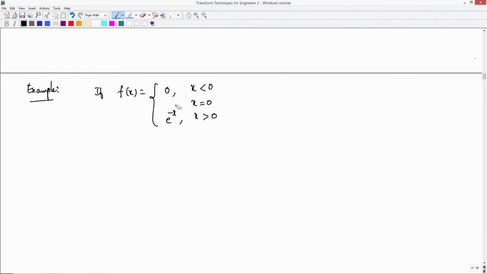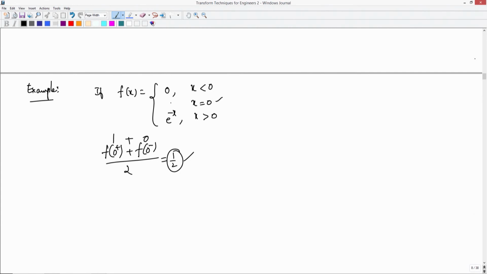At x equal to 0, what is the limit of f of 0 plus and f of 0 minus, divided by 2, the average value? This is e power minus 0, which is 1, and this 1 plus e power negative side, which is anyway 0, divided by 2, so it is half. So the Fourier integral value converges to half at x equal to 0.